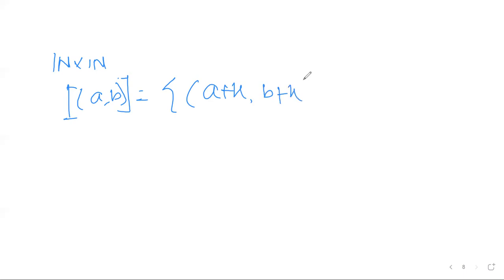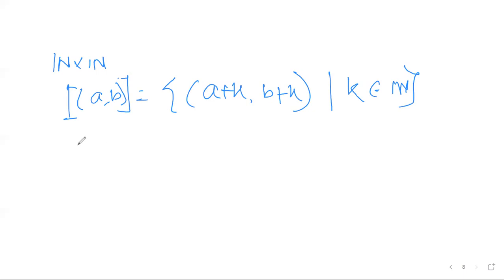Now if we take (a,b), then the equivalence class of (a,b) is (a+k, b+k), where k belongs to the natural numbers.